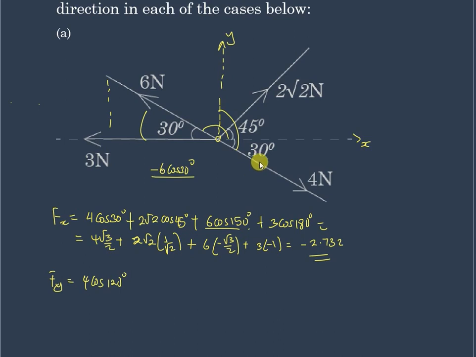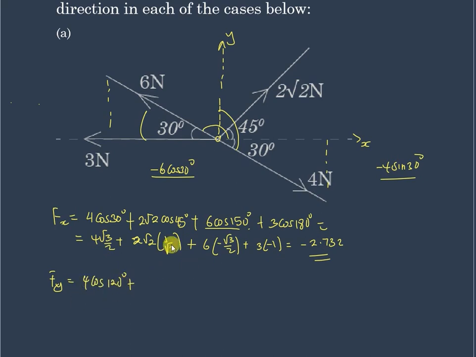So the angle involved is 90 plus 30, which is 120. Somebody could just say it is 4 sine of 30 degrees, but it is negative because that component is moving downwards.